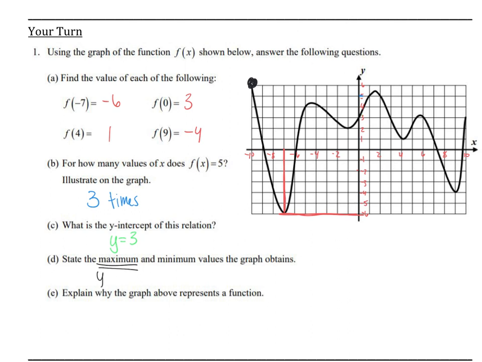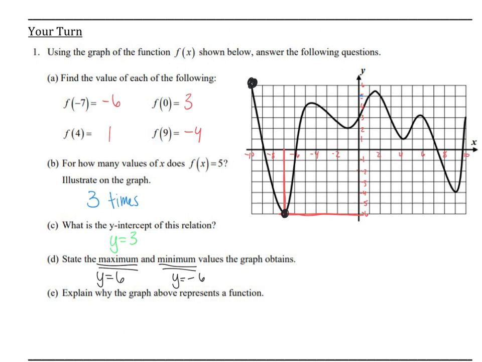So where is that at? That's at y equals 6. The minimum value is the lowest value on the graph. So hopefully you notice that lowest value is going to be right down here, and that's at y equals -6. So the maximum is the highest y value. The minimum is going to be the lowest y value.